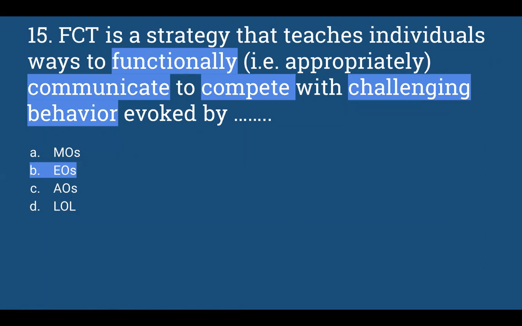You just said that we need MO, right? So why is it not MO? Is it because EO is a broader answer? Yeah, MO is the umbrella. It's the umbrella which EO and AO fall under. So EO is the more specific answer. Yes, exactly.